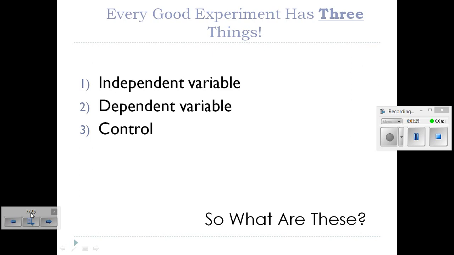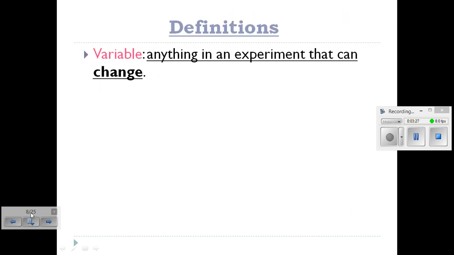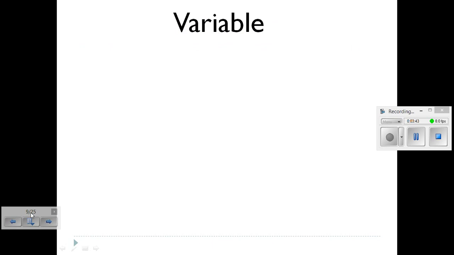Well, let's look at the root word of variable. A variable is described as anything in an experiment that can change, with the key word being change. Now let's break the word variable down.